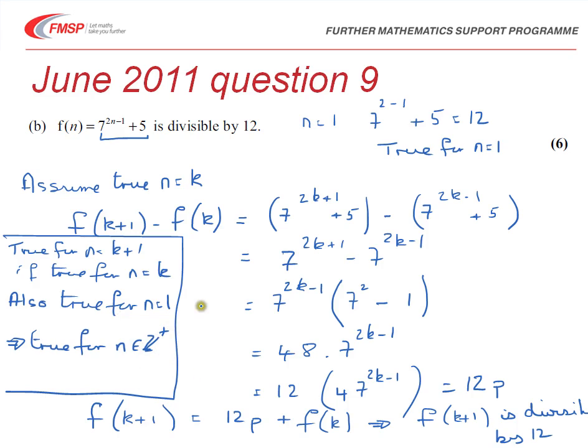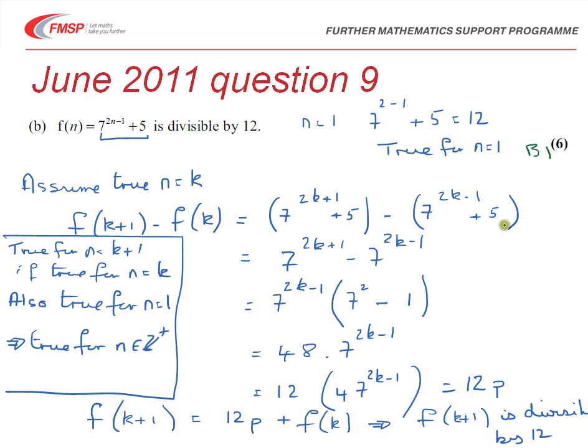So that final statement. The mark allocation is very similar here to the ones before, and I won't go through it fully, but we've got the base case, and then allocation of method marks and accuracy marks as before.